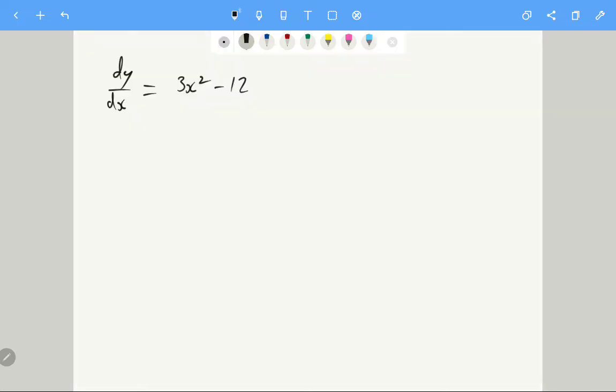So how do I sketch a function like this? Well, it's exactly as I would normally sketch it. I want to find the y-intercept, except it's going to be a dy dx intercept. And I also want to find my x-intercepts, which means I want to factorize it. So let's factorize it. So we get 3 times x squared minus 4. x squared minus 4 is a difference of perfect squares, so that's 3 times x plus 2 times x minus 2.